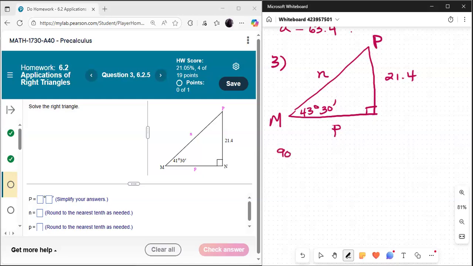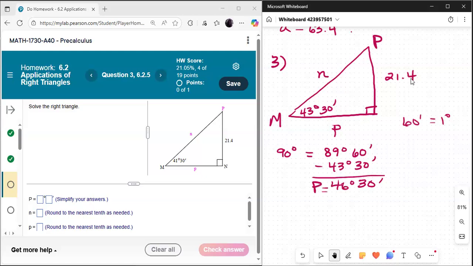So 90 degrees, if I were to split that up so that I can subtract the degrees and minutes, we can rewrite that as 89 degrees, 60 minutes, because we know that 60 minutes is equal to 1 degree. And now we can subtract the 43 degrees, 30 minutes, and we're left with 30 minutes. And this is 46 degrees, 30 minutes. So that's angle P.